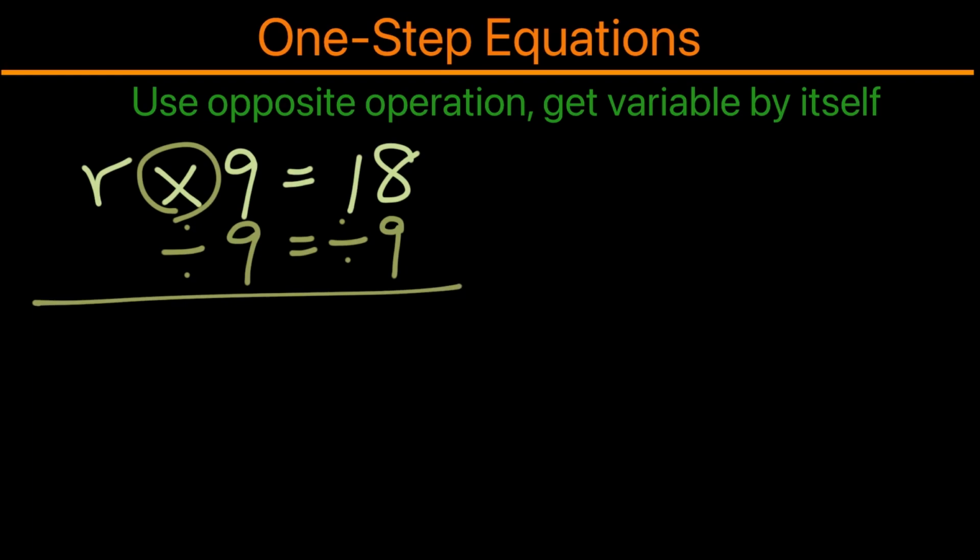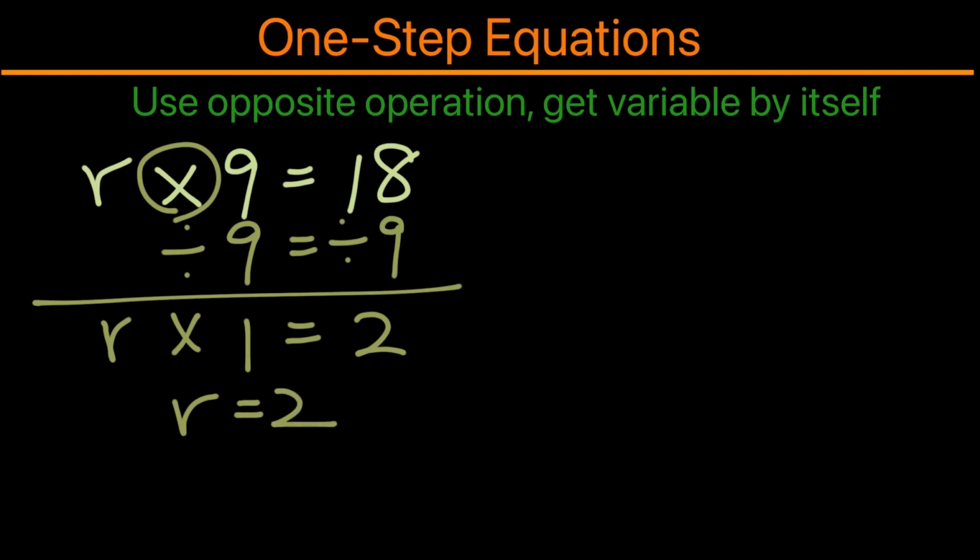So 9 divided by 9 is 1. So r times, and we bring down the r, so we will have r times 1 equals, then we have 18 divided by 9, which is 2. Now r times 1 is r, so we will have r equals 2.